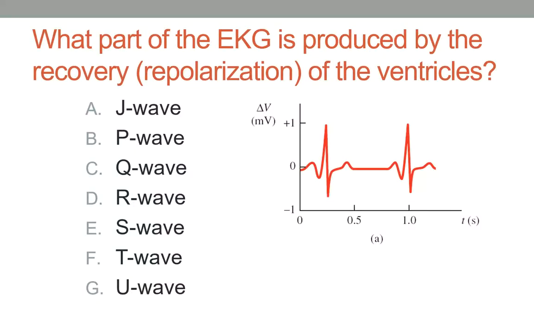So, what part of the EKG is produced by the recovery or repolarization of the ventricles? The repolarization, yes. What's the name of the 3 things again? It's like Q something something. Well, these are all your options here. I will answer after you guys do.